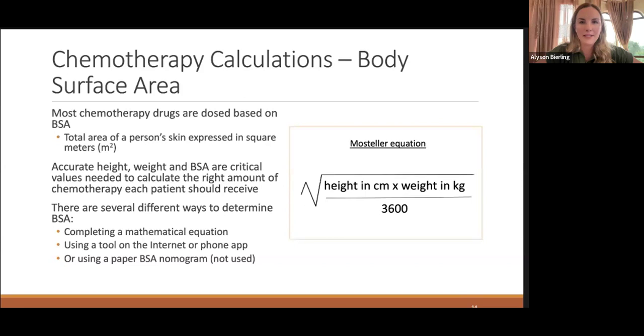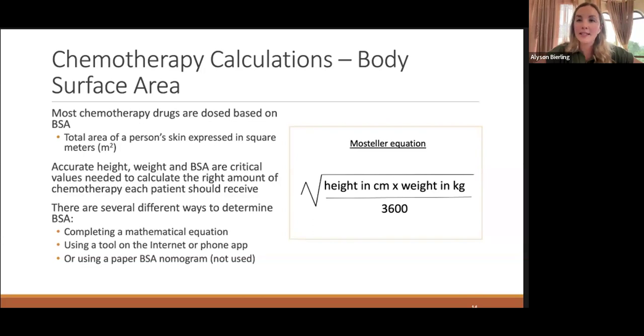You can see the mathematical equation here on this slide. So we would take the patient's height, always in centimeters, not in inches. We would take their weight, always in kilograms, not in pounds. You'd multiply those values together, divide by 3,600, and then you would take the square root of that value, and that is going to tell you the patient's body surface area.